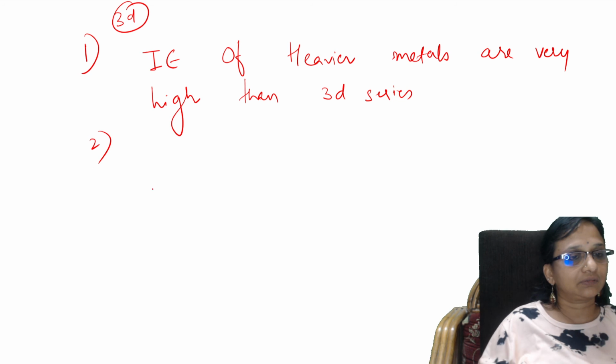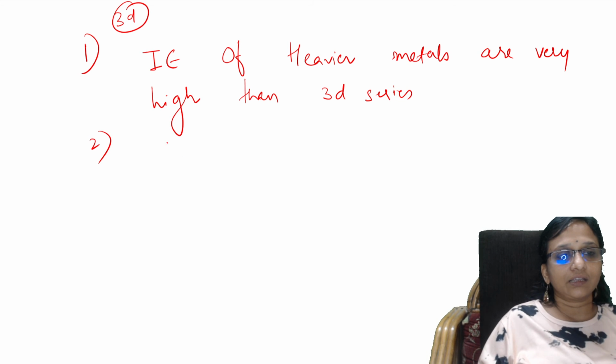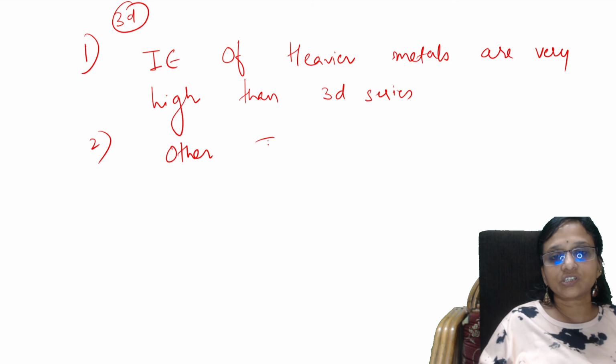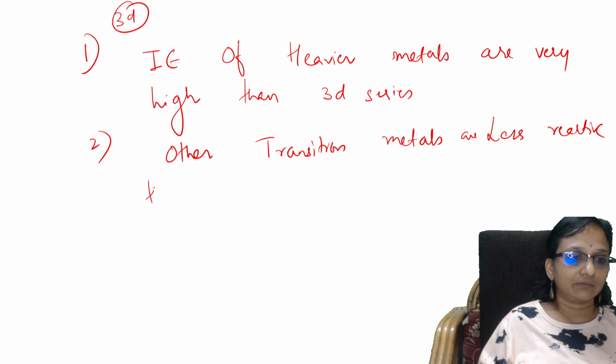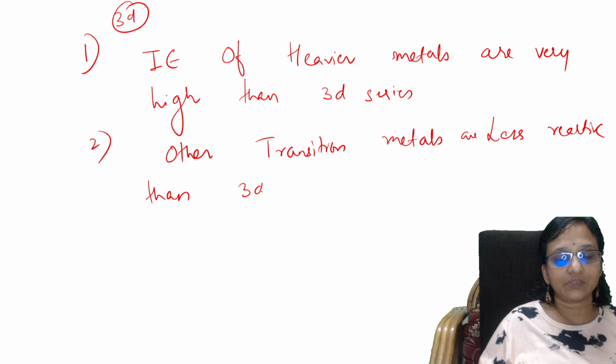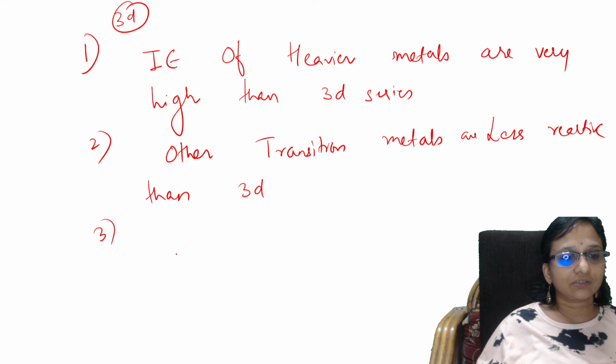Second, other transition elements, heavier metals, because they can't give out electrons, what will happen? Other transition elements are less reactive than 3d. Yes, 3d elements. Okay, one more reason.